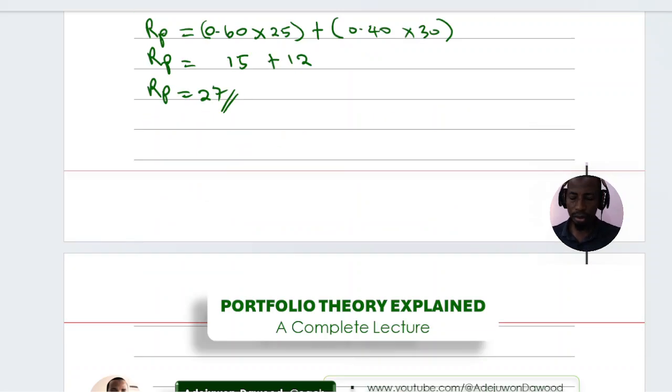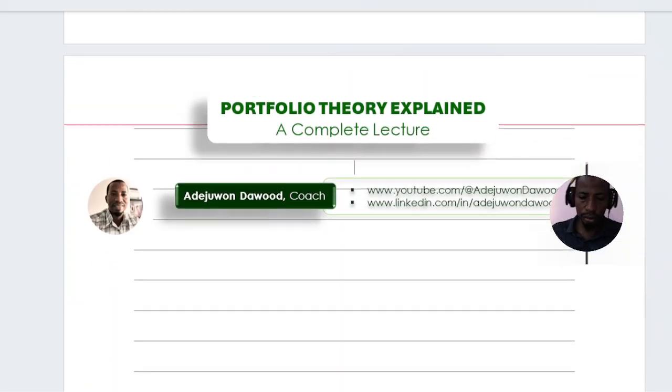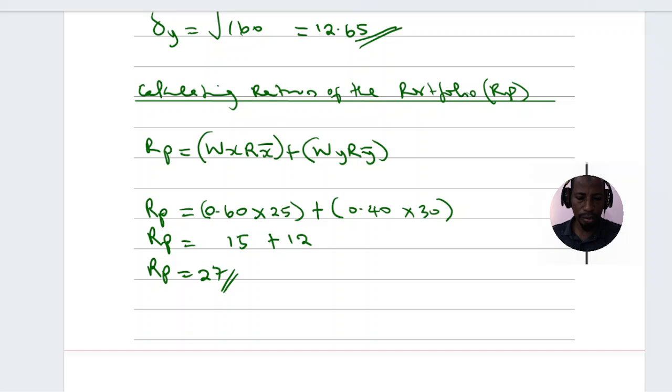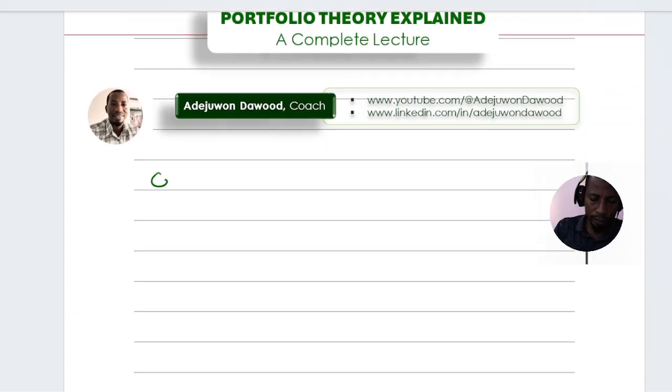So let's compute the risk of the portfolio. Calculating the risk of the portfolio.